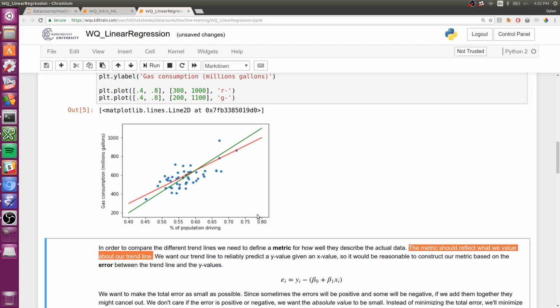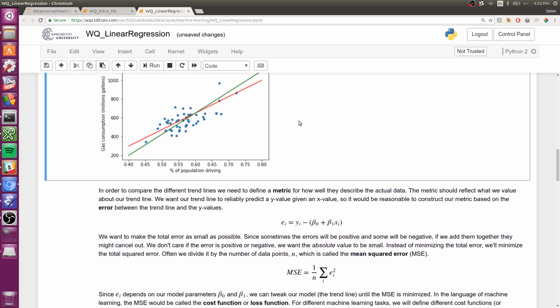But the metric is a gauge of kind of the thing we value in our machine learning model. So what we value about our trend line is that it should make predictions, that is, the value given at a particular point on the line, should be as close as possible to the actual data points themselves. So we would be interested in looking at the difference between data points and the fit line, whether that be red or green or some other fit line.